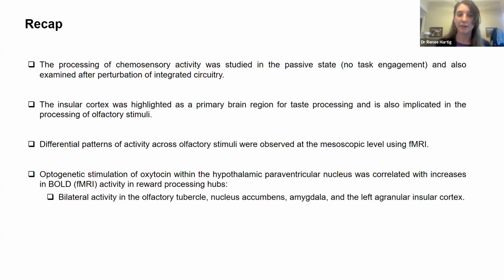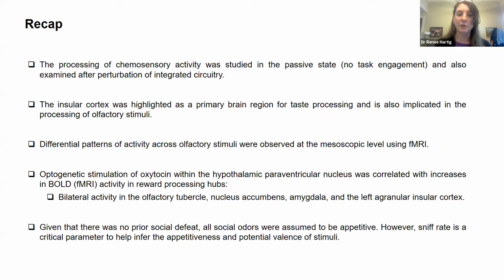Bilateral activity was seen in the olfactory tubercle and nucleus accumbens, that's the ventral striatum, heavily implicated in reward processing. Also the amygdala and the left agranular insular cortex. Given that there was no prior social defeat between these animals, all social odors were assumed to be appetitive. However, the sniff rate is a critical parameter to help infer the appetitiveness and potential valence of stimuli.